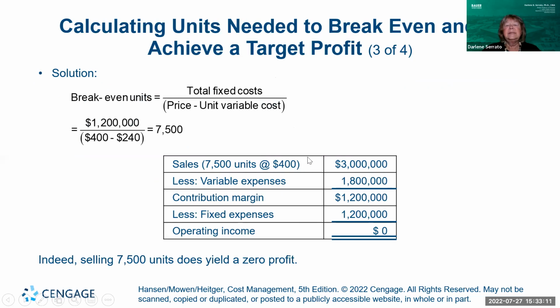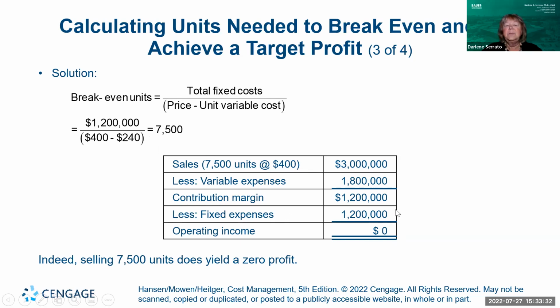7,500 units times selling price of 400 gives us sales revenue, minus variable expenses equals a contribution margin in dollars, minus fixed expenses. For fixed expenses, we added both fixed overhead and fixed selling and admin.